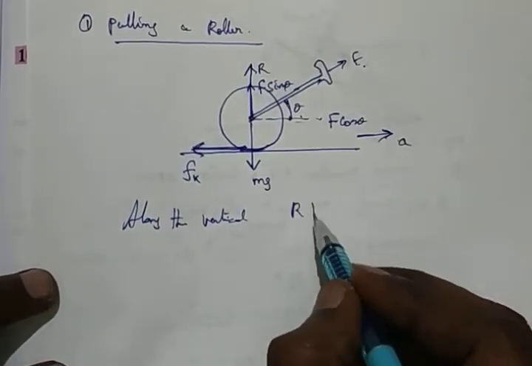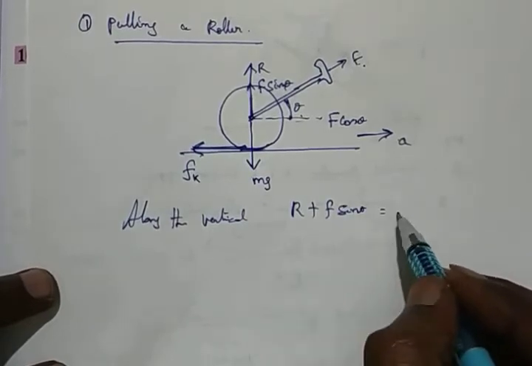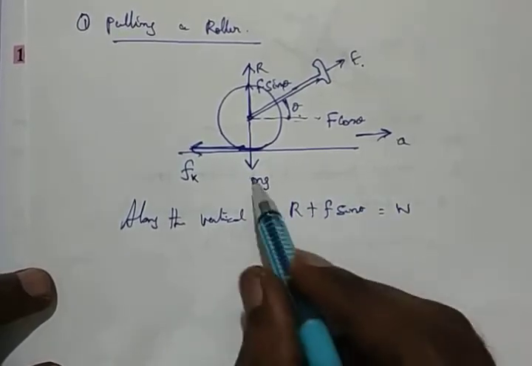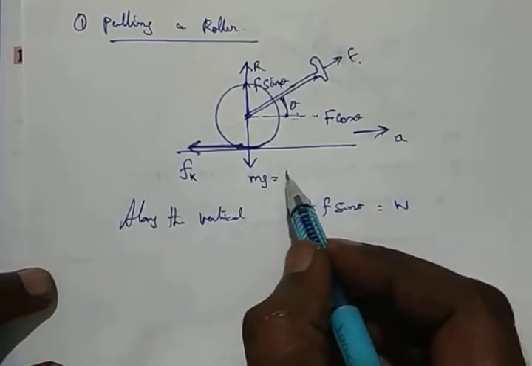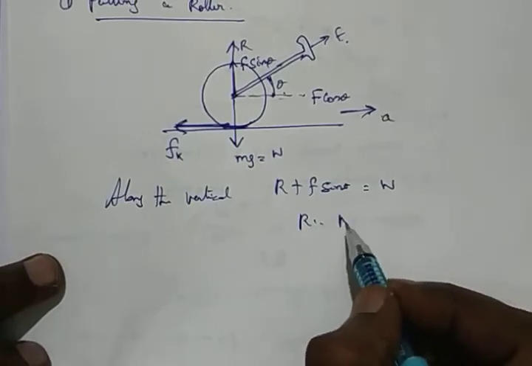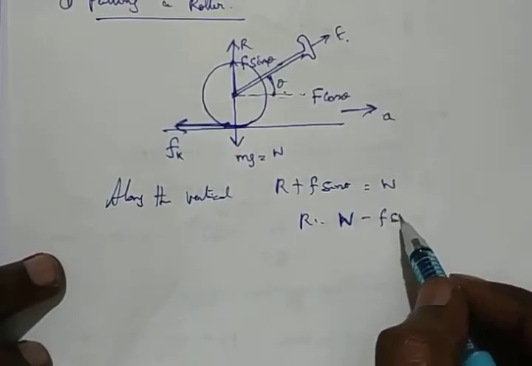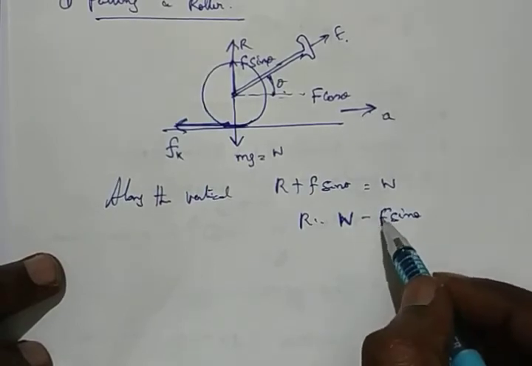R plus F sin theta is equal to the weight, that is mg. mg is equal to W here, right? So what is R equal to? W minus F sin theta. This is capital F.